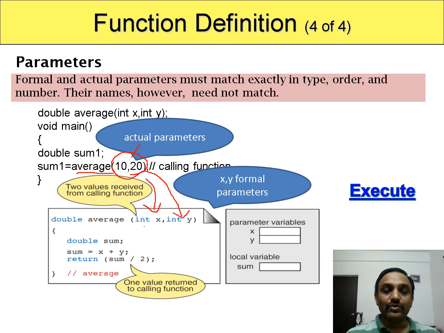Now these x and y you are using in the function definition, so those are called formal parameters. After performing this statement, the function is returning some value. What is the type of that value? It is returning double, so we have to provide the return type as double.